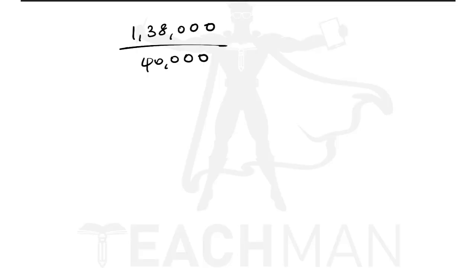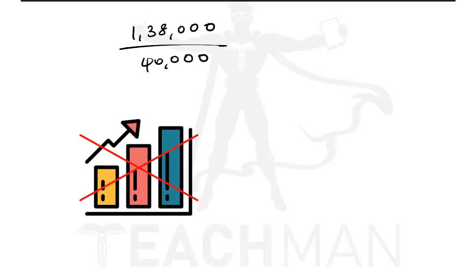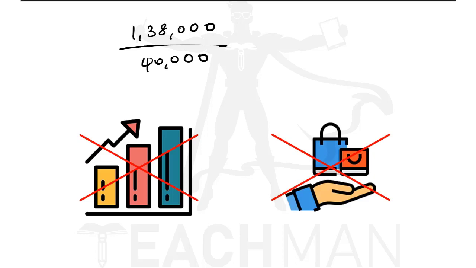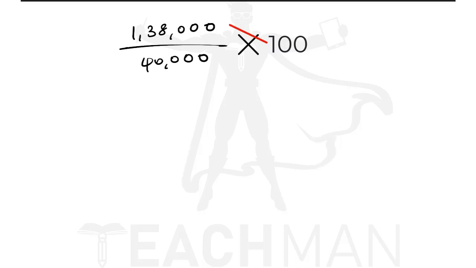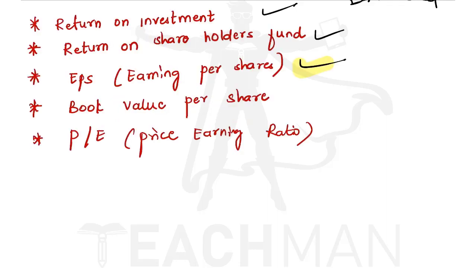Here we are not finding any profit or any sales, so we don't use 100. So 1,38,000 divided by 40,000 is 3.45. So this is earning per share. So we have done earning per share.